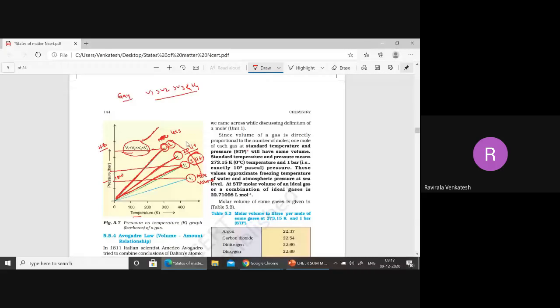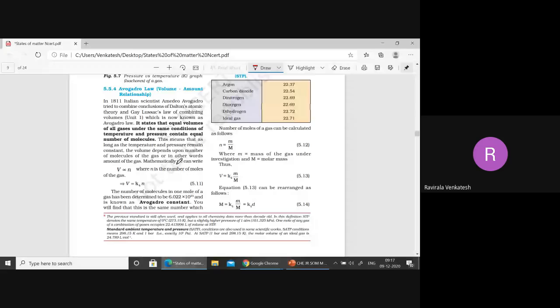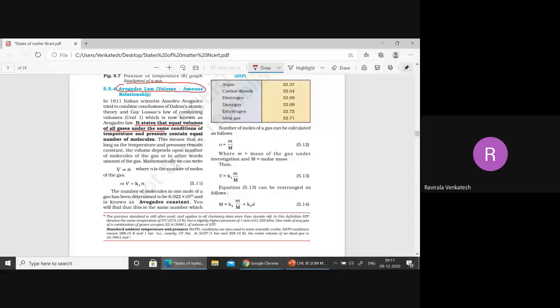Next, Avogadro's law, which is very, very important for us. So what is Avogadro's law? Very simple. It states that equal volumes of all gases under the same conditions of temperature and pressure contain equal number of molecules.